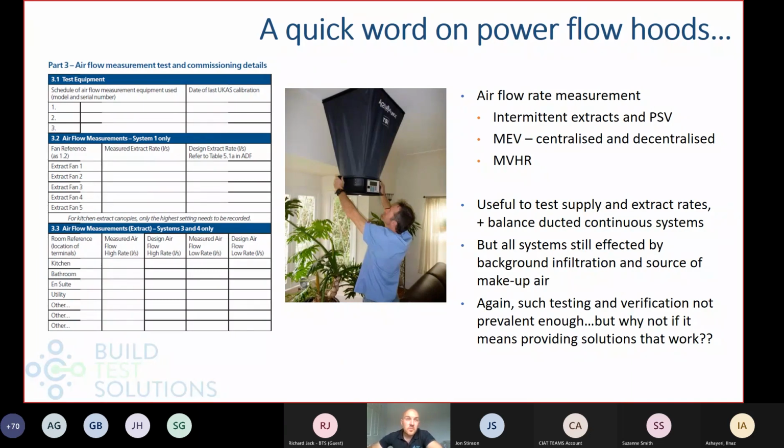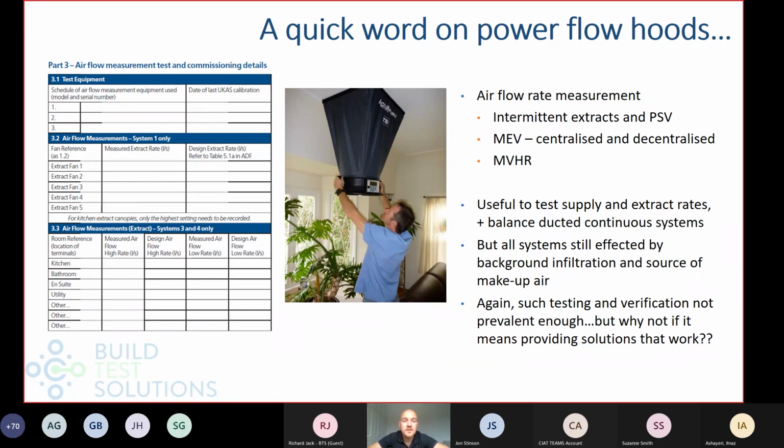To complement a blower door, and often used alongside it, certainly best practice is to use a powered flow hood. So I just added this slide in as a quick word. It's not an air tightness measurement tool, but it's something else that exists to measure the airflow rate through purpose-provided ventilation.